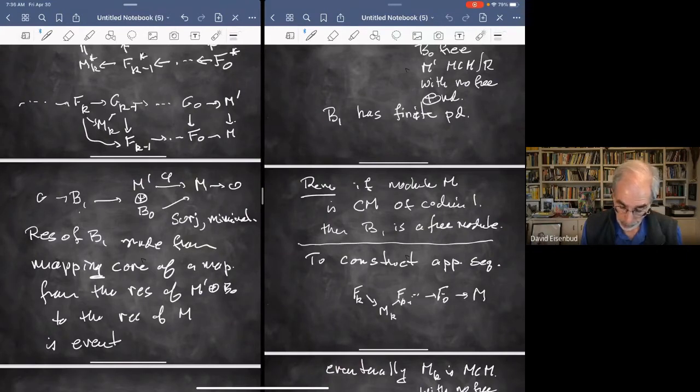Not zero, of course, but homologically trivial, because it's the mapping cone of the identity map.